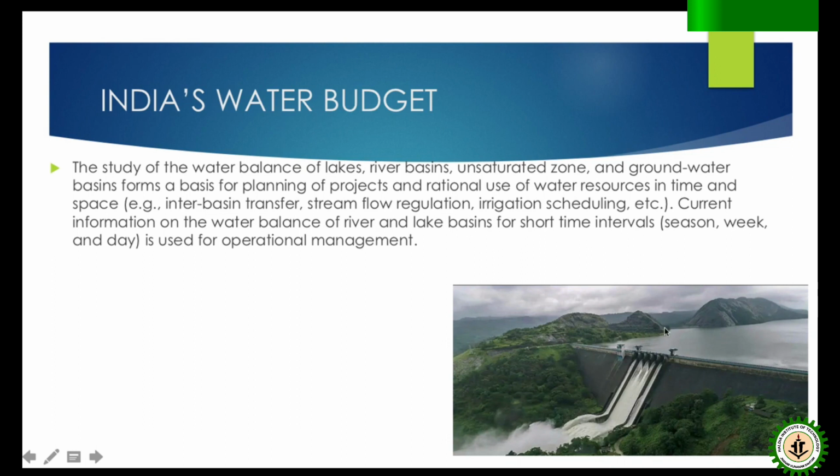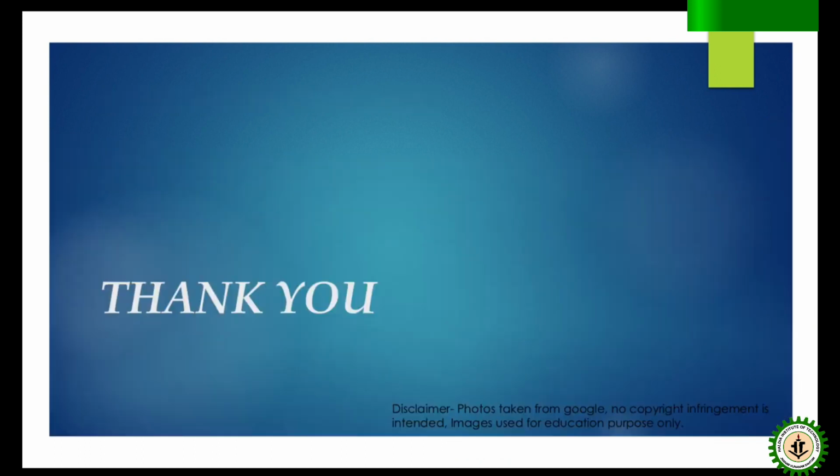For this purpose we have to know how much inflow is there, how much outflow is there, and what the storage of that catchment area is. Then we should understand water budget and water balance. So this is all about water budget in India and the globe.